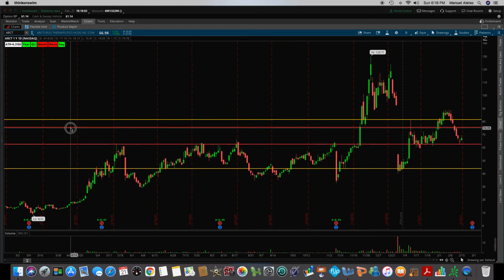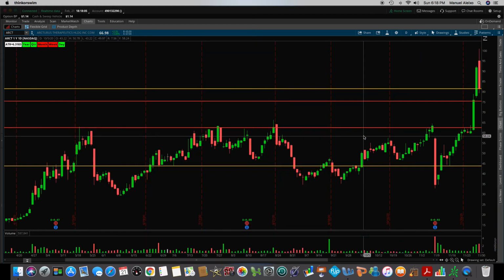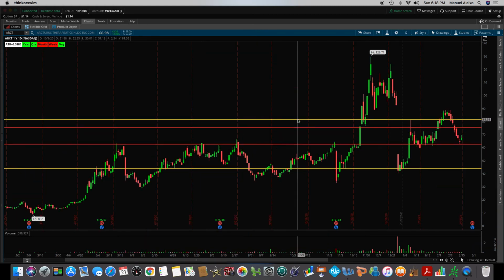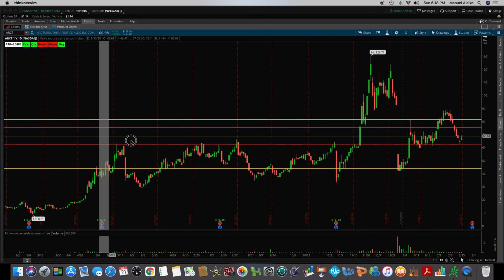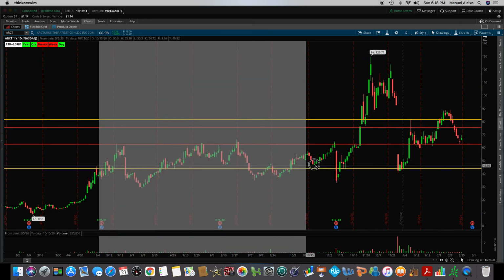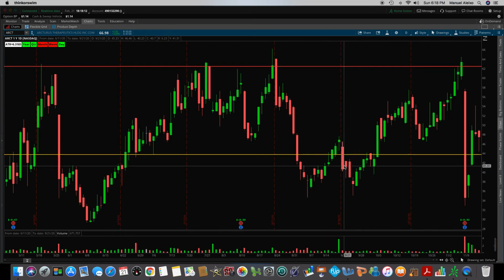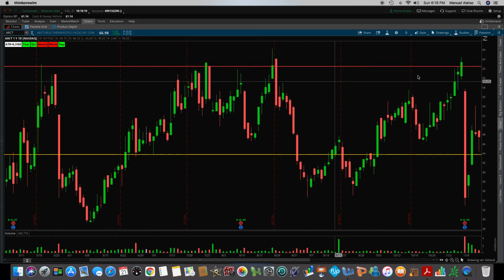For example, check this out. Here you go, folks. I'm going to show you something. Okay? Let me show you something really quick. Hold on a second here. Okay. If you take a look at this area here, 1, 2, 3, 4, okay? We have 4 failures. A failure means a stock moved up and it failed to go any higher.